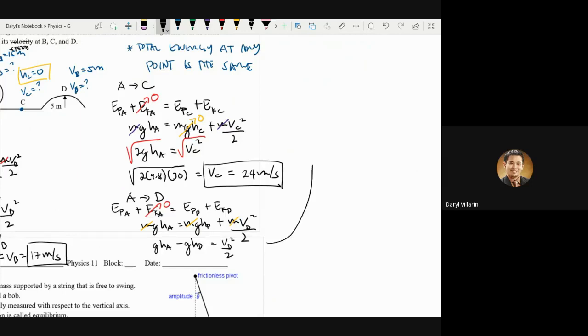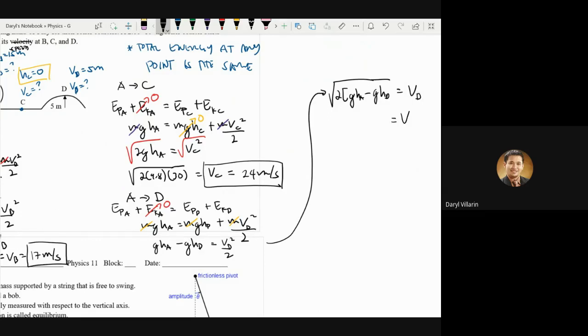Or you have the square root of 2 times (gHA minus gHD) is equal to VD.